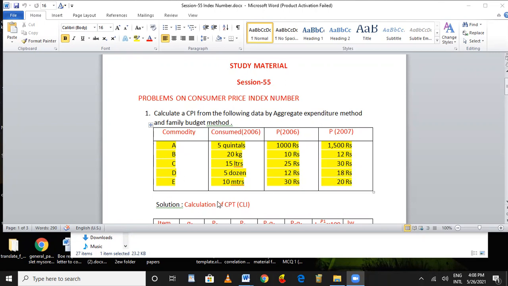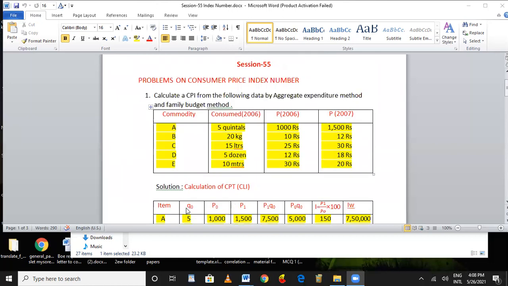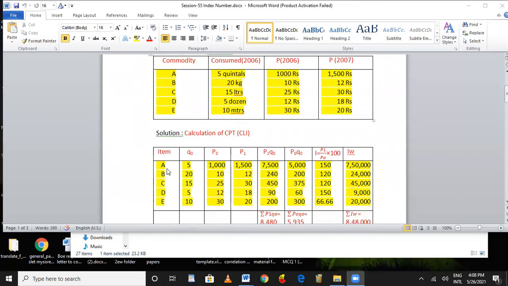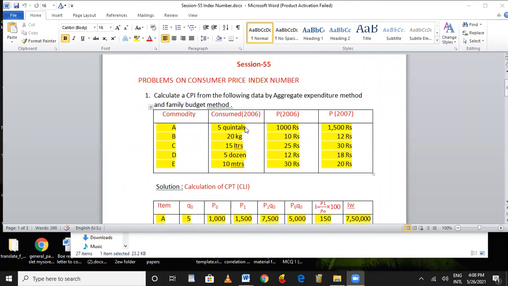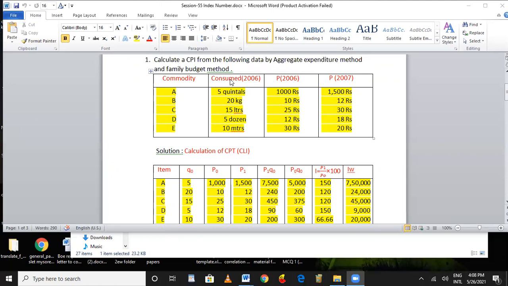Here we have to calculate the consumer price index number, the other name for which is the cost of living index number. The items A, B, C, D, E consumed in 2006 are 5 quintals, 20 kgs, 15 liters, 5 dozens, 10 meters. So these are the quantities for the base year.